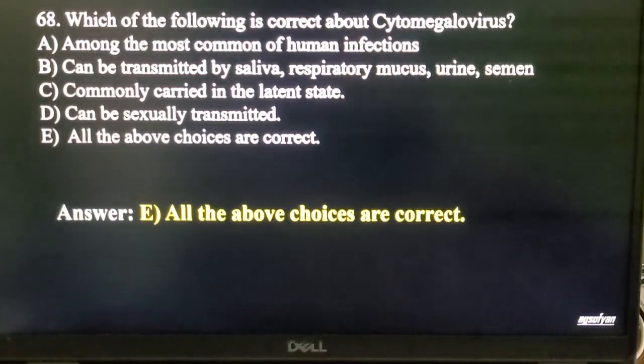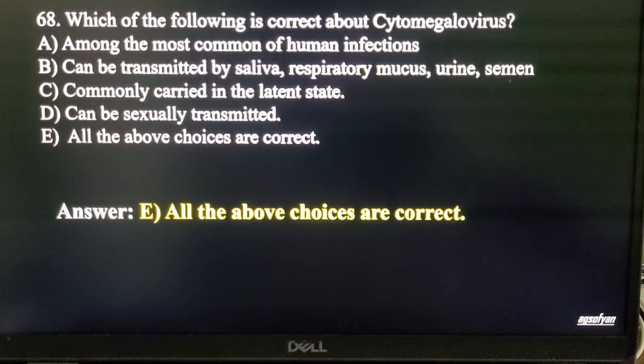Yes, the answer is E. So all the above characteristics are correct for cytomegalovirus. This is one of the most common human infections. It can be transmitted through mucus, saliva, urine, semen. Commonly carried in the latent state means that it stays in our body in a dormant condition, and it can be sexually transmitted too.